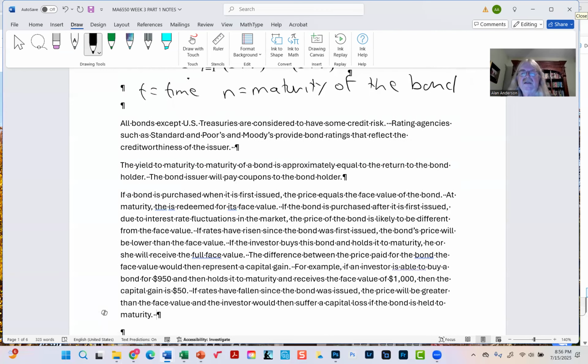All right, so let's say another quick example: if an investor pays $1,020 for a bond and holds it to maturity, well then he or she will only receive $1,000 on the maturity date.